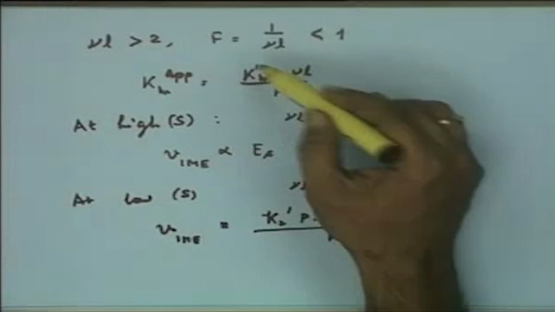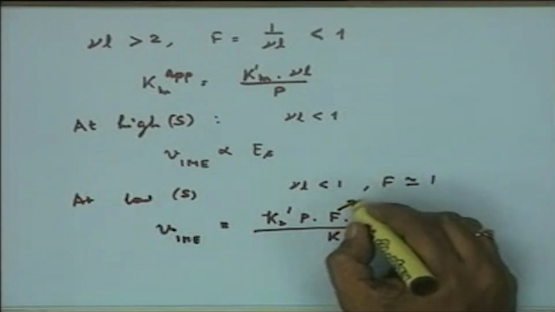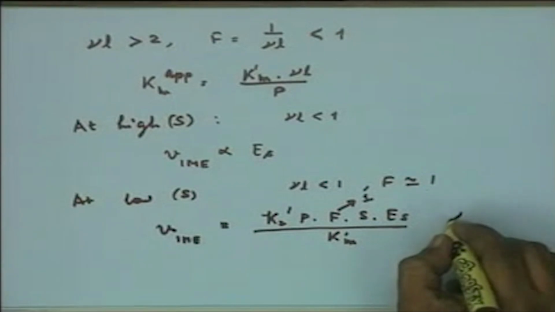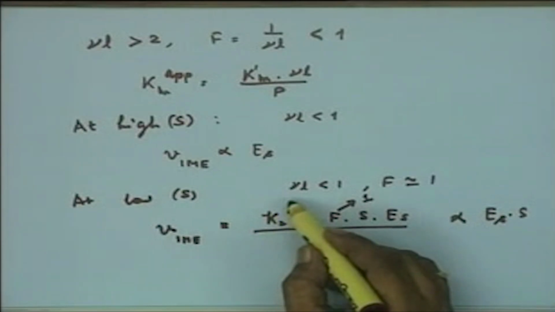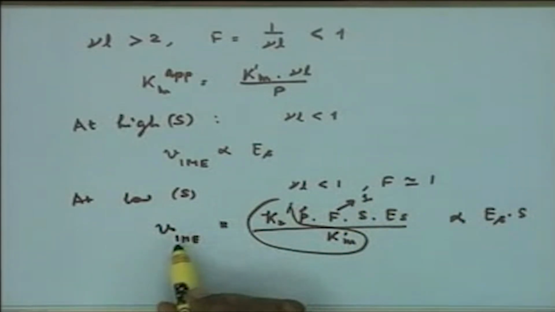If you substitute the parameter Km apparent equal to Km dash upon PF, where F is equal to 1 at gamma L less than 1, V immobilized will be proportional to Es into S, because P we are considering as constant and F is 1.